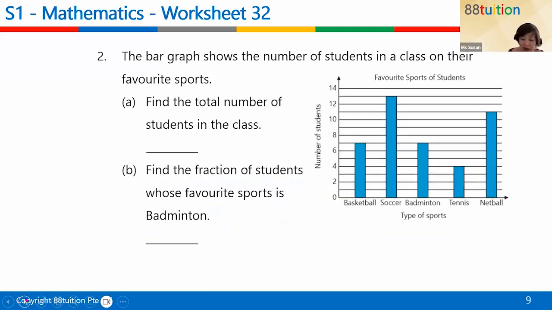Question 2. The bar graph shows the number of students in the class showing their favorite sports. You are supposed to find the total number of students in the class. Okay, so for the total number of students, what you need to do is to have all the data first.